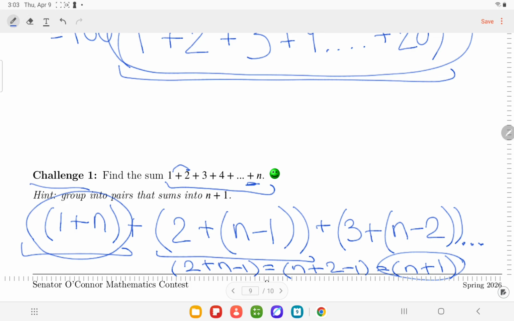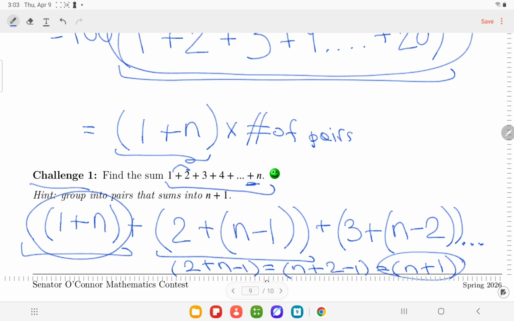So since we know that every single pair is going to equal 1 plus n, we just need to know how many pairs there are so that we can multiply this by the number of pairs. And as we talked about earlier, the number of pairs is simply how many numbers you have in total divided by 2.